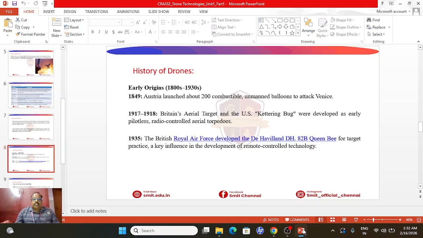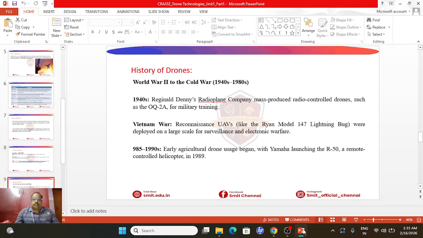In 1917 to 1918, Britain's Aerial Target and the US Kettering Bug were developed as early pilotless radio-controlled torpedoes, which are small drones, the earliest. And in 1935, the British Royal Air Force developed the Fairey Queen and DH-82B Queen Bee for target practice, a key influence in the development of remote control technology.